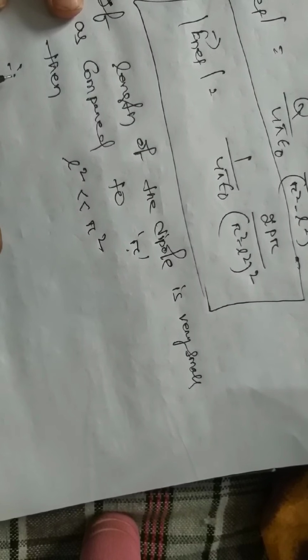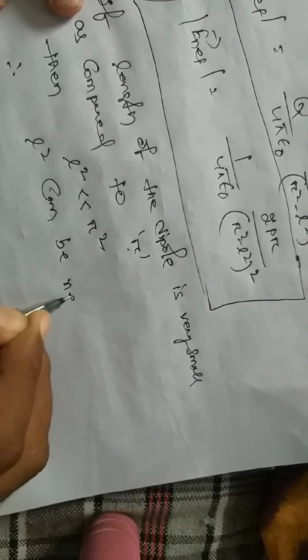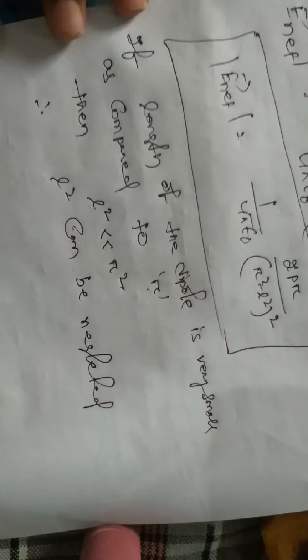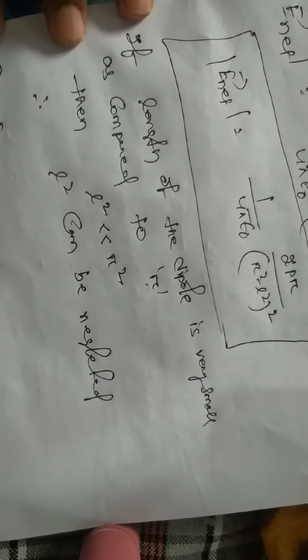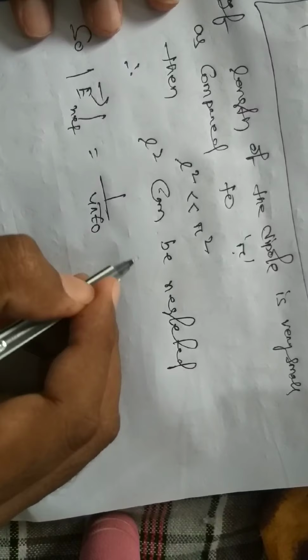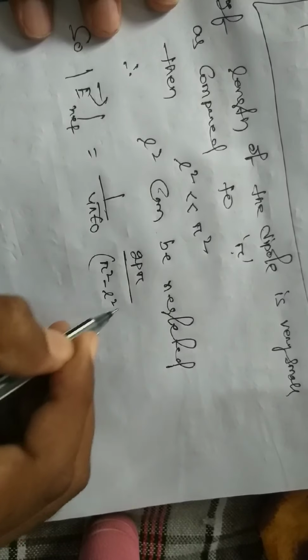Therefore L square can be neglected. Okay, so electric field intensity net equals 1 by 4 pi epsilon naught into 2 p r by r square minus L square whole square.